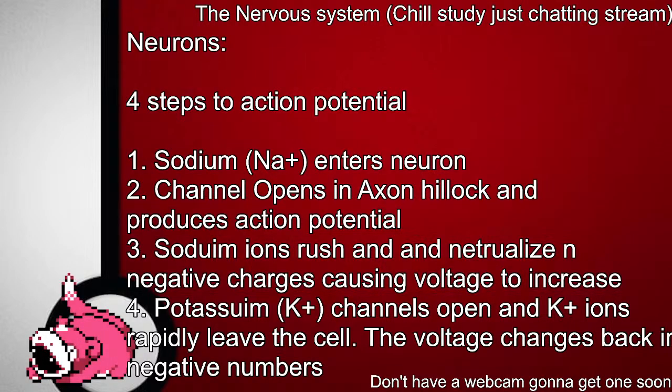So, axon of neuron. Okay. Axon terminal. Synaptic vesicles containing neurotransmitter, synaptic cleft, and neurotransmitter receptor, neurotransmitter release.